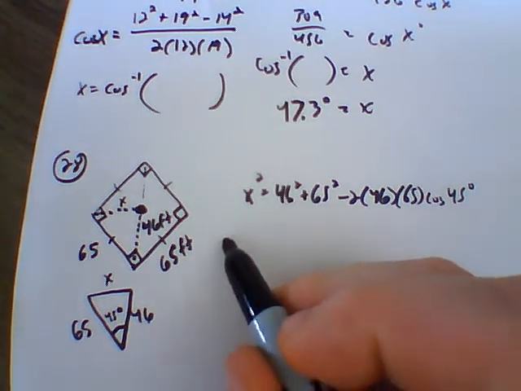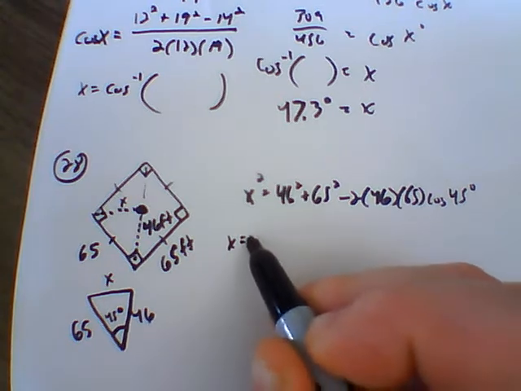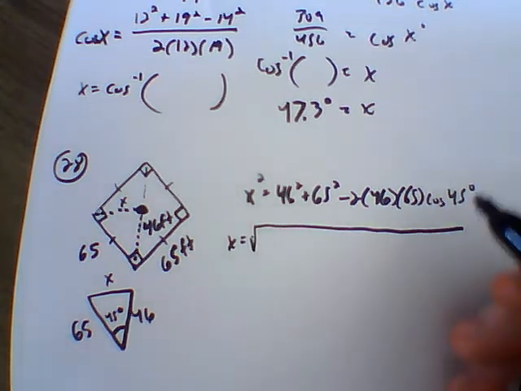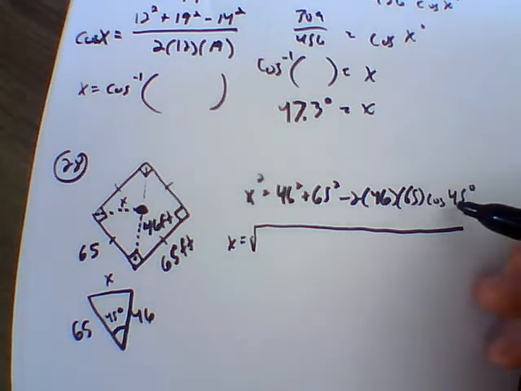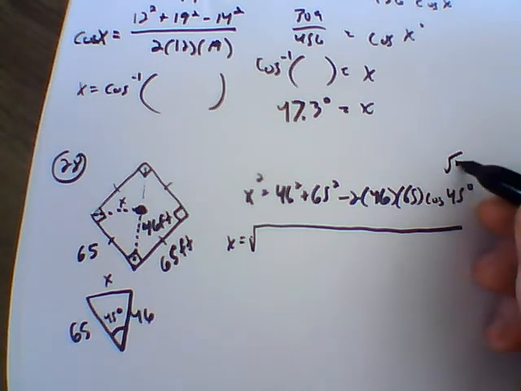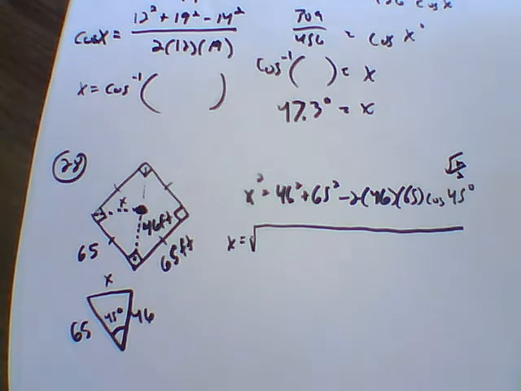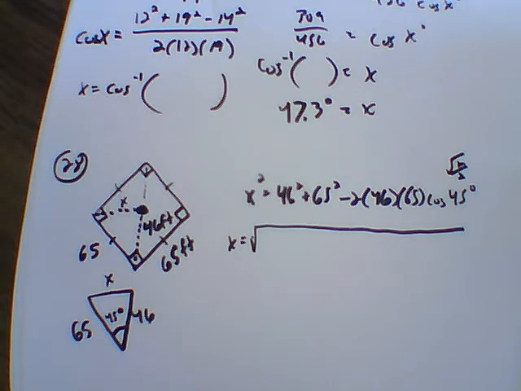So x is going to equal, we're going to take the square root. Do realize that cosine of 45 degrees is square root of 2 over 2. We should have that one memorized from our previous chapter, going on that unit circle, so we shouldn't have to use any approximation for that part. But then we're going to be taking the square root of a square root.